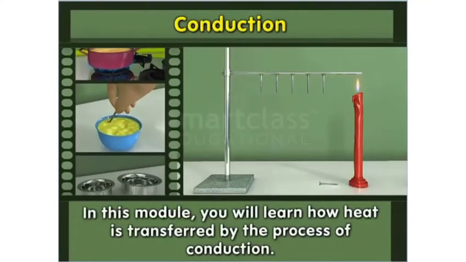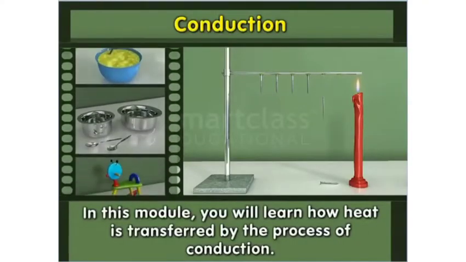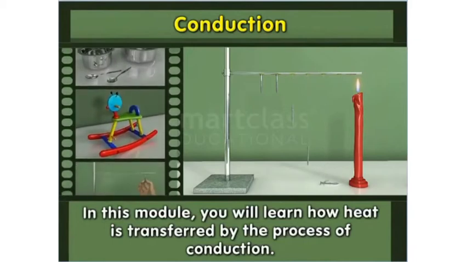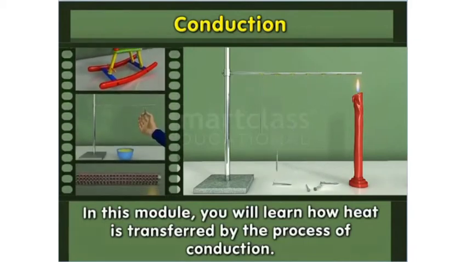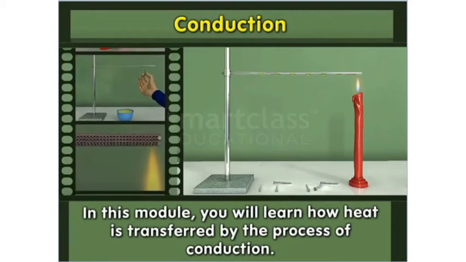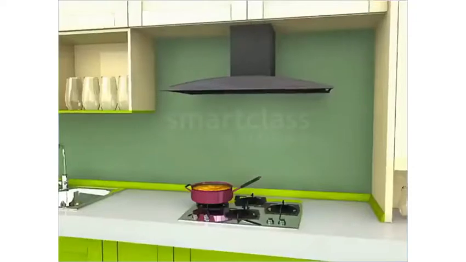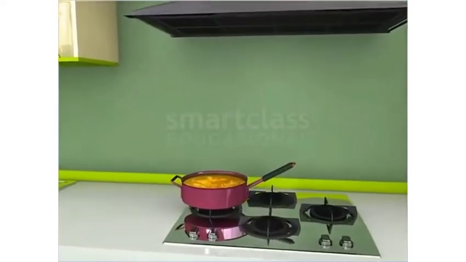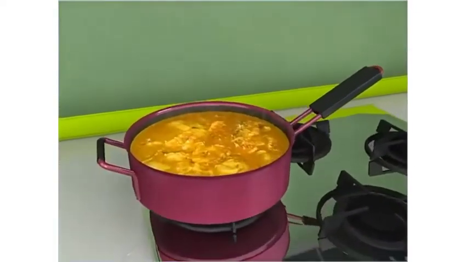In this module, you will learn how heat is transferred by the process of conduction. There are some examples which will help you understand the process of conduction. Let's see when the food is cooked in the kitchen.